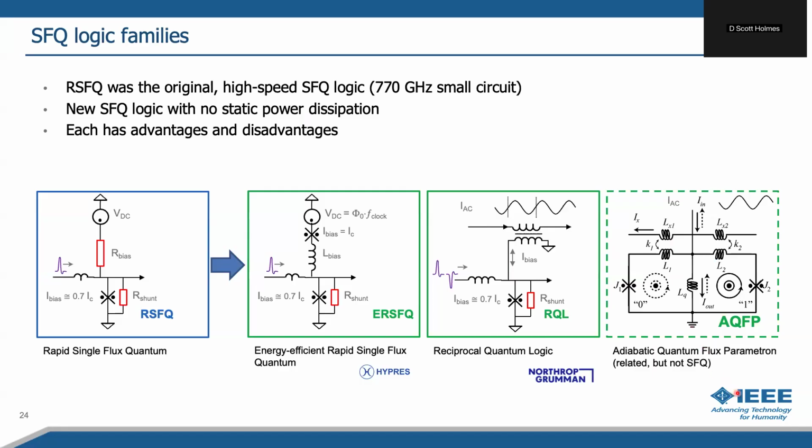There's also something called AQFP that's not exactly an SFQ logic family, although it's related. It is a superconductor electronic logic. There are many different approaches, and right now people are still working on which one of these approaches is going to be the one that has the winning combination.